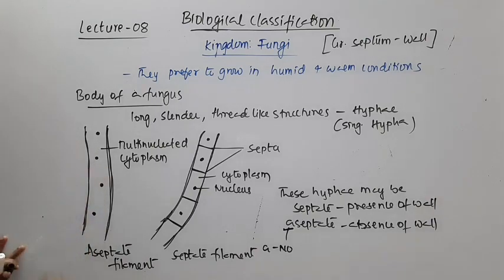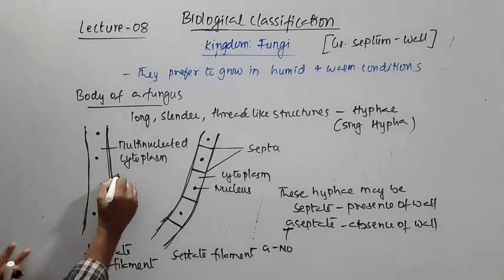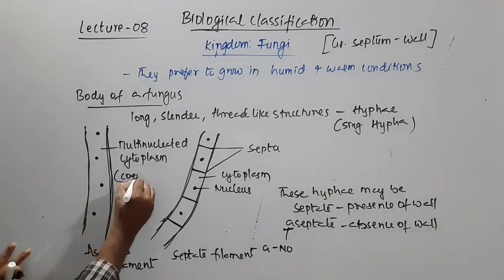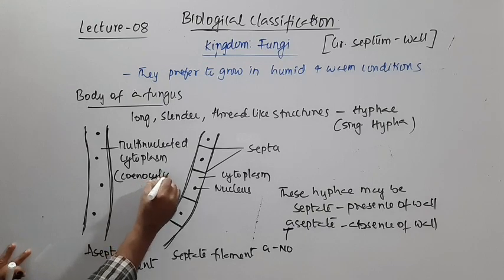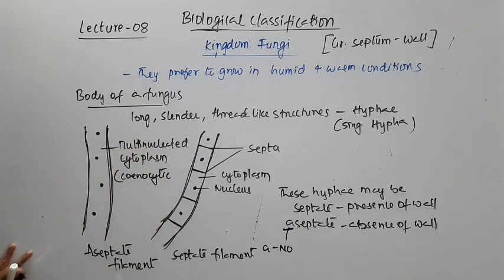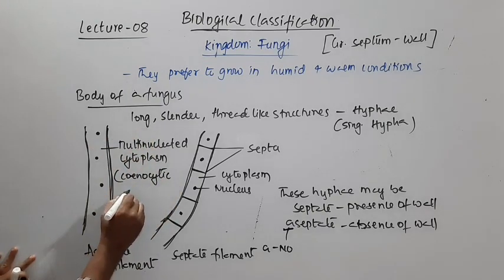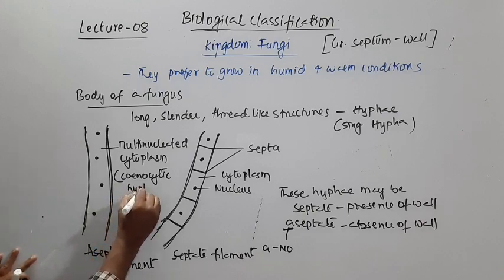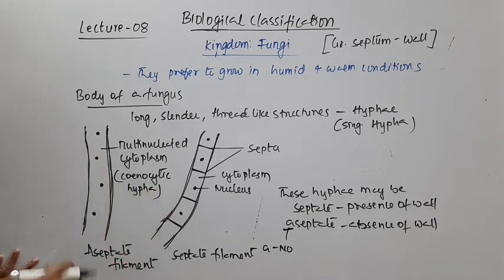Such multinucleated cytoplasm we call a coenocytic hypha or hyphae. So multinucleate condition is coenocytic condition. This is a coenocytic hypha, because I'm showing only one, that's why I have mentioned coenocytic hypha.